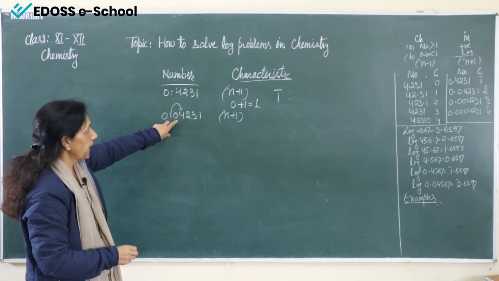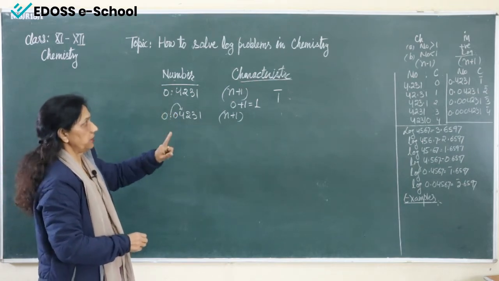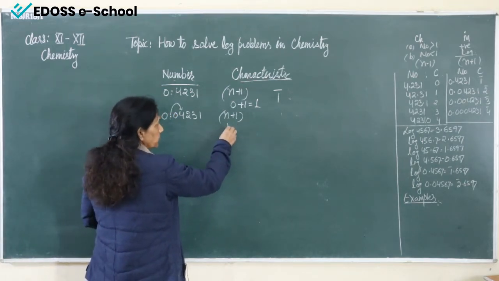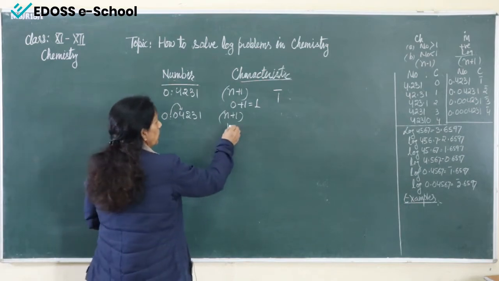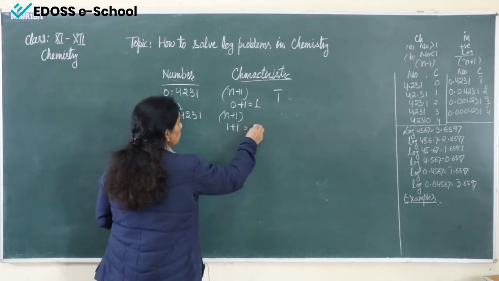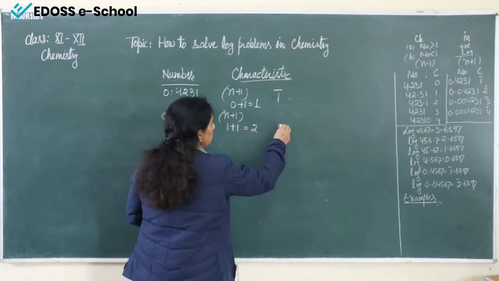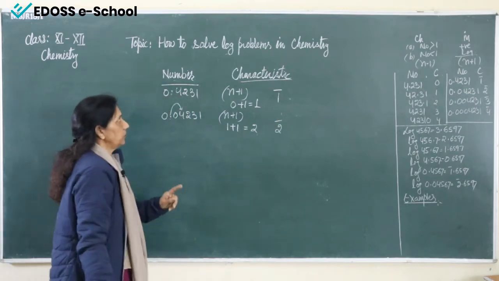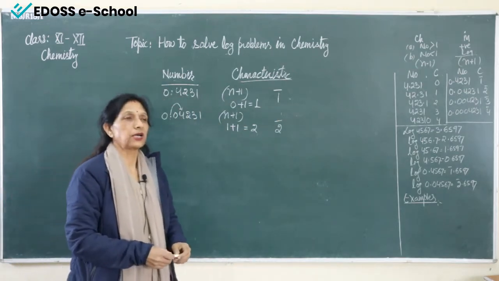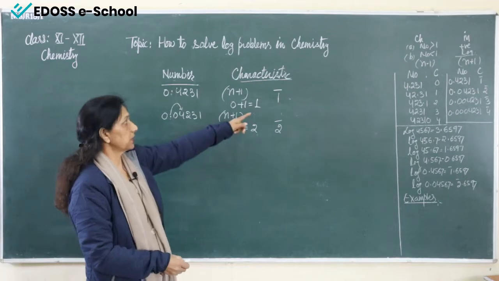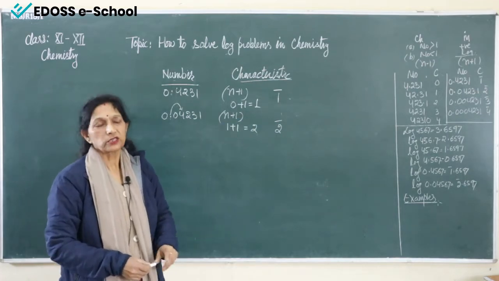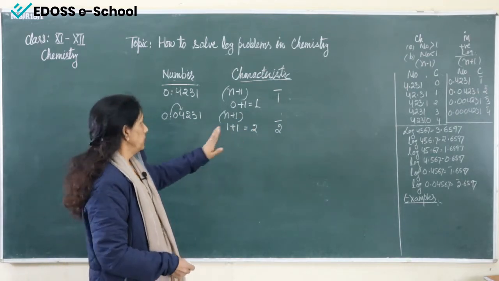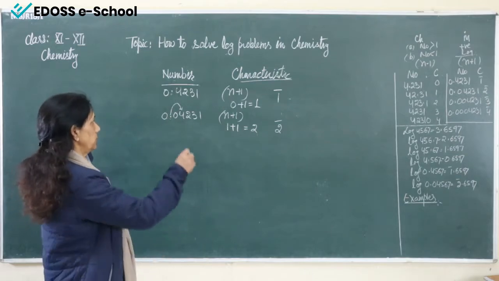That means the value of n is 1. So in place of n, we will write 1 and plus 1, this is equal to 2, or we can say 2 negative, because for numbers less than 1, their characteristics are always negative.